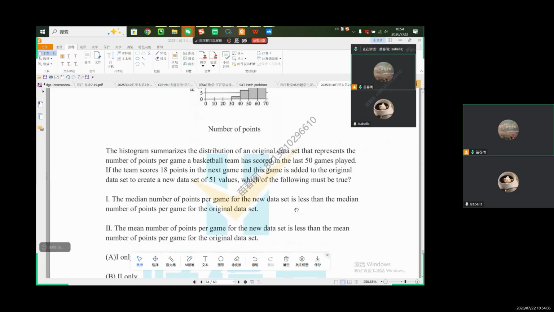Like when a teacher or coach looks at scores, a very low point will drag the average value down, right? As long as you have a super low value, it will drag the average value down. That's for sure.